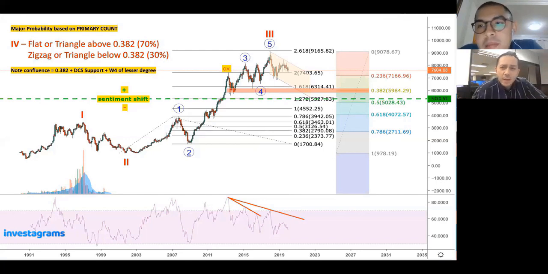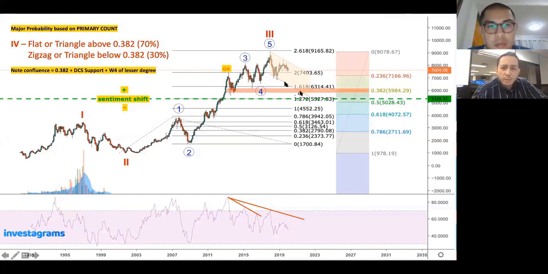The second overlap is that typically when you have a correction, or let's say a move like this, prices will typically find support at the, listen to me very carefully in this, it will find support at the wave 4 of the lower degree. I'll repeat, it will find support at the fourth wave of the degree lower.